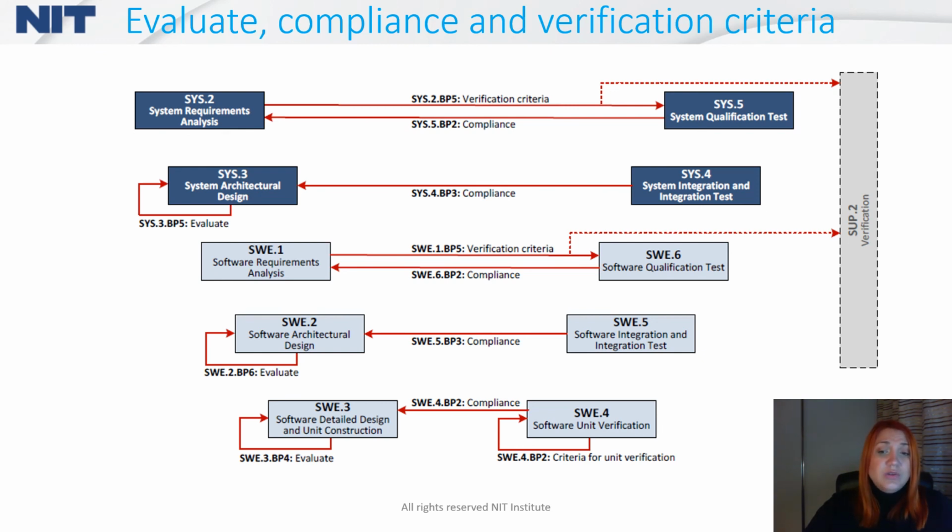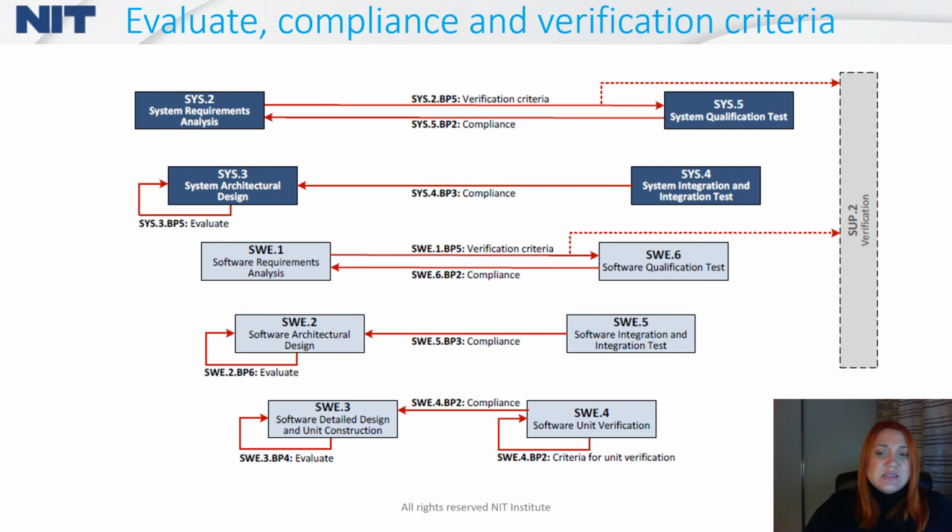Evaluation according to defined criteria for alternative solutions is required for system and software architecture as well as for software detailed design. Such evaluation criteria may include quality characteristics like modularity, reliability, security, and usability, or results of make-or-buy or reuse analysis.